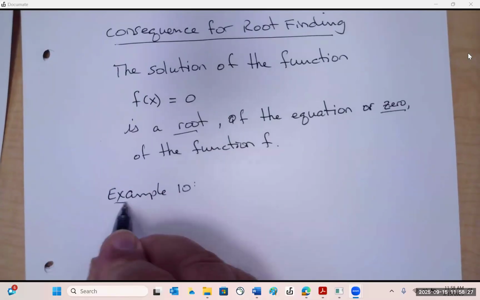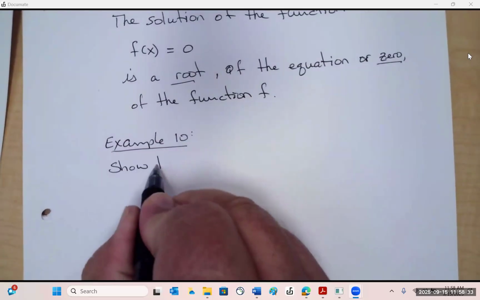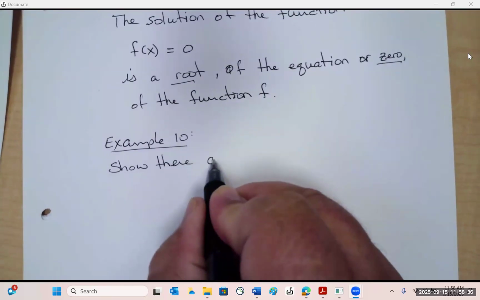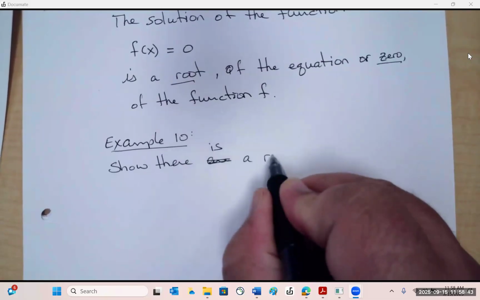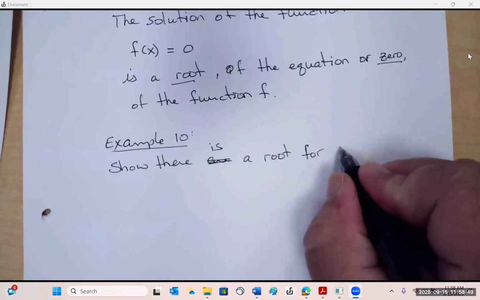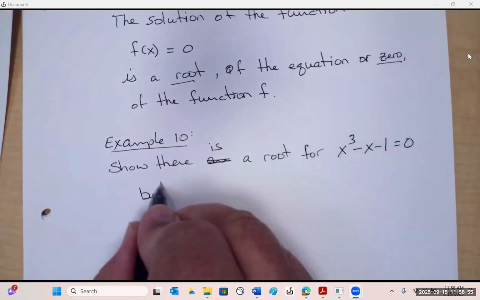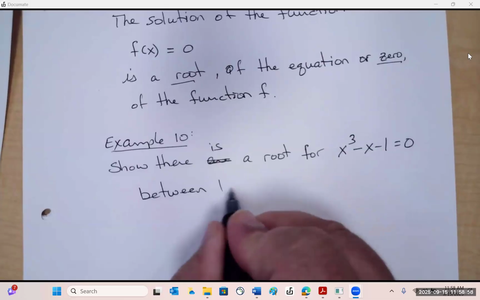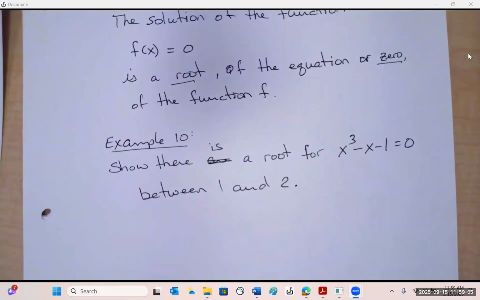Example 10. Show there is a root for this function between 1 and 2.